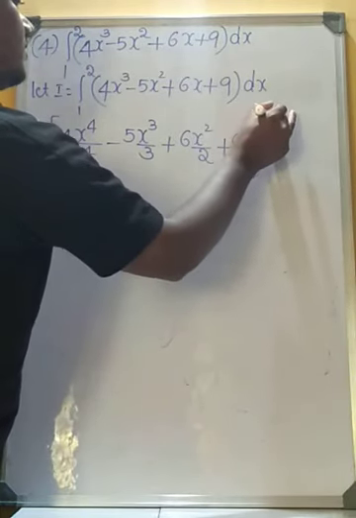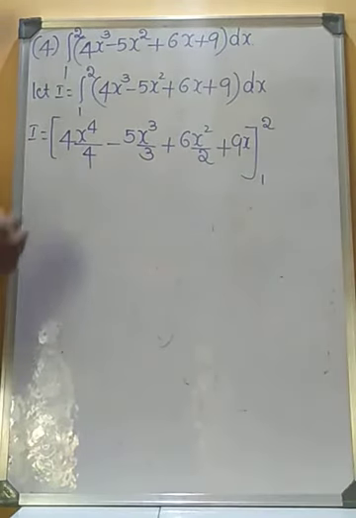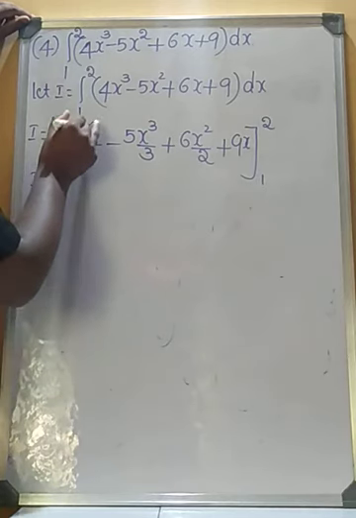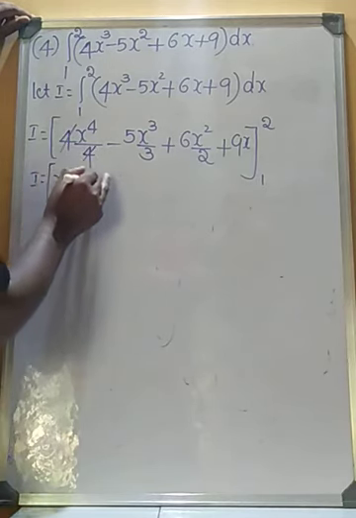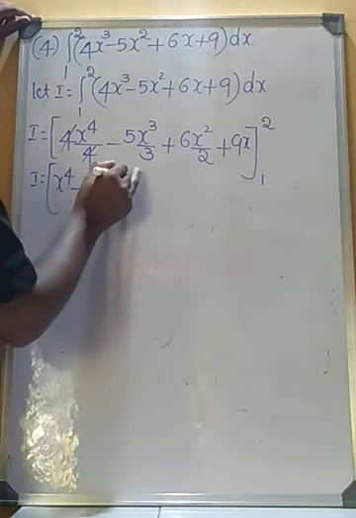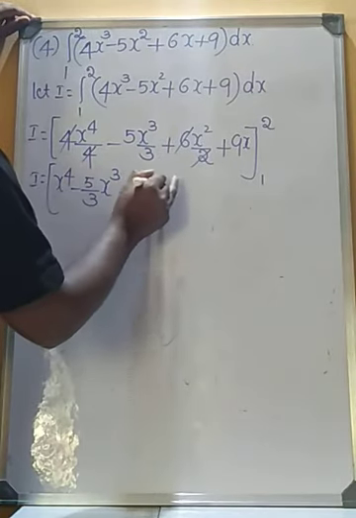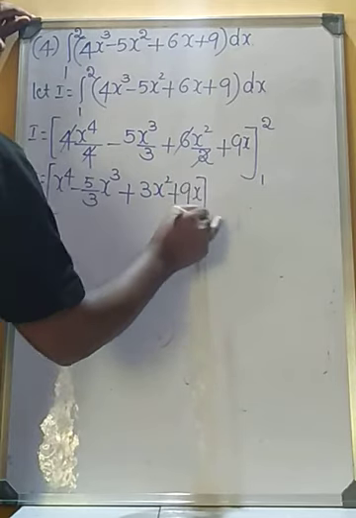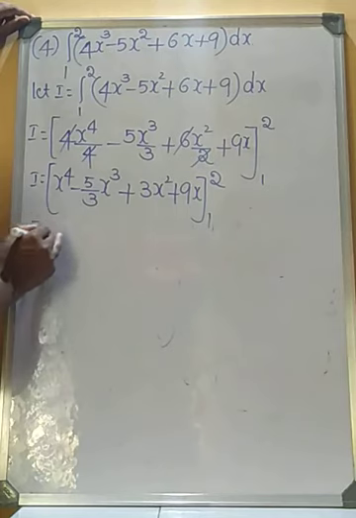The upper limit is 2, the lower limit is 1. Therefore I equals, the 4s cancel, x to the power of 4 minus 5 by 3 x cube plus 3x square plus 9x, upper limit 2, lower limit 1.